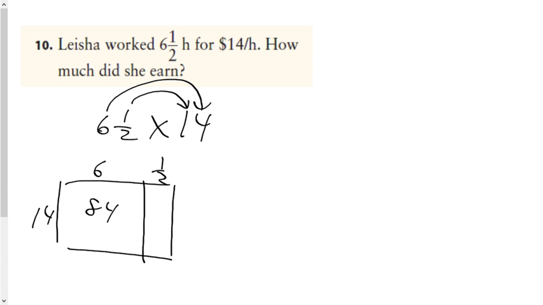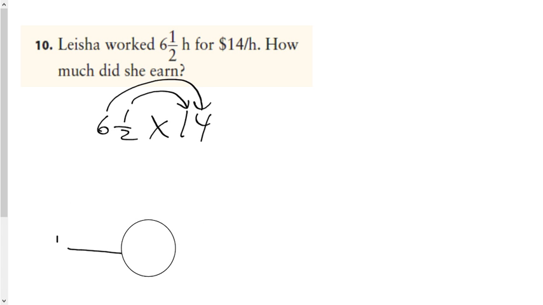So if she made $6 an hour, she would have made 84. Half an hour at $14, half of 14 is 7. So if I combine those using my area model, 6.5 times 14 is $91, which is probably a pretty efficient way to get the answer.